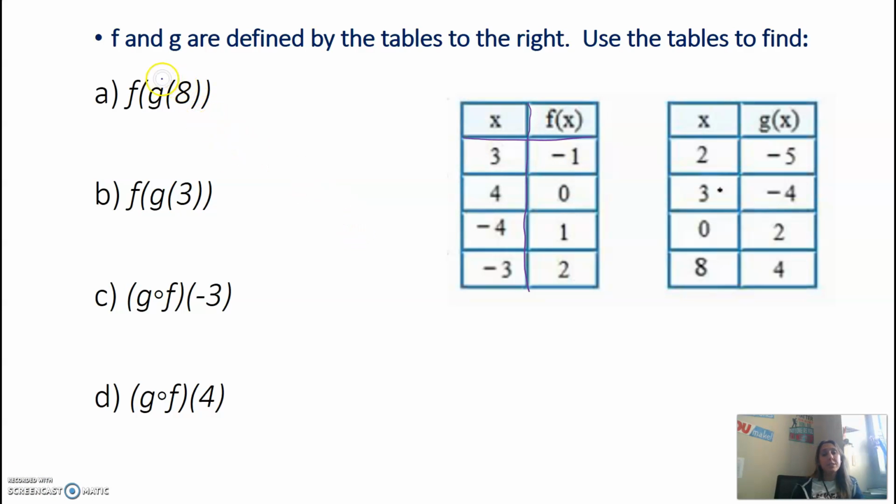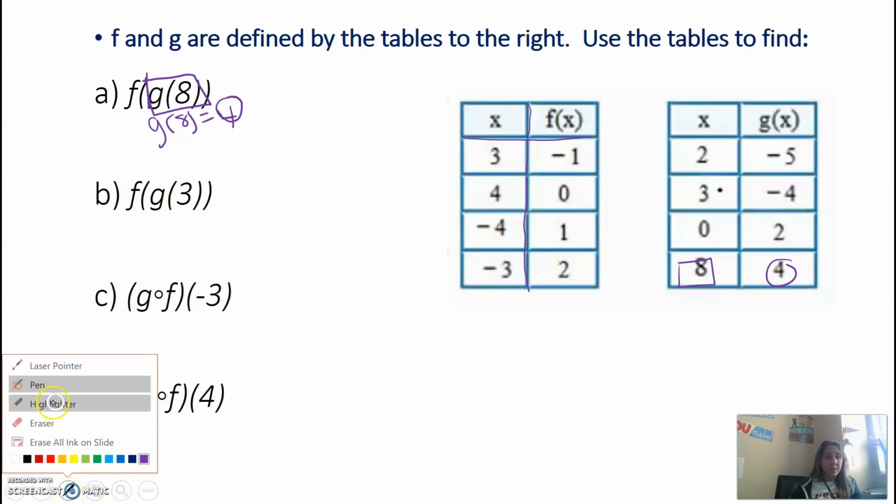All right, so the first thing that we're going to do is find G of 8. So G of 8 is equal to, we have to find our G function, which is right here. When my input is 8, my output is 4. So that equals 4. Now, we're going to take that and put it inside.